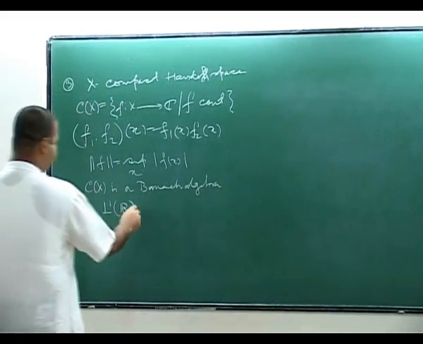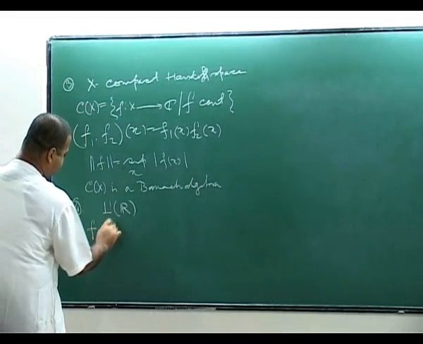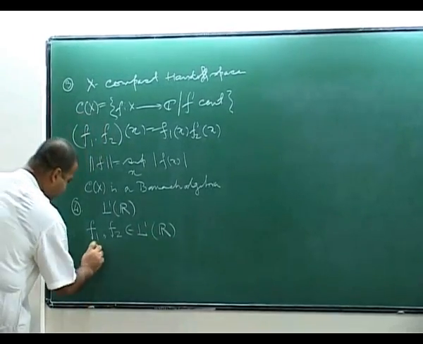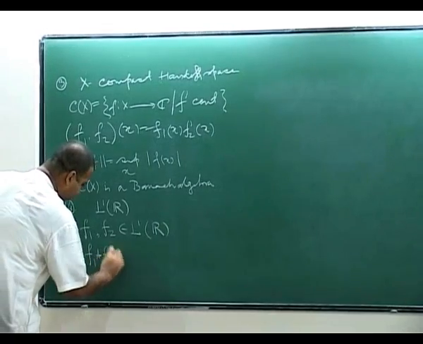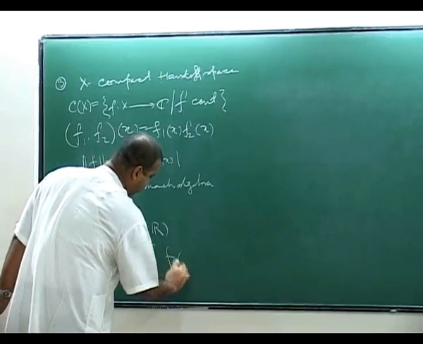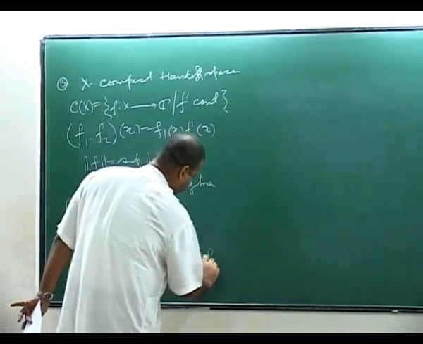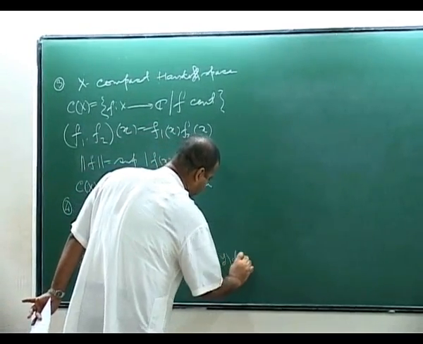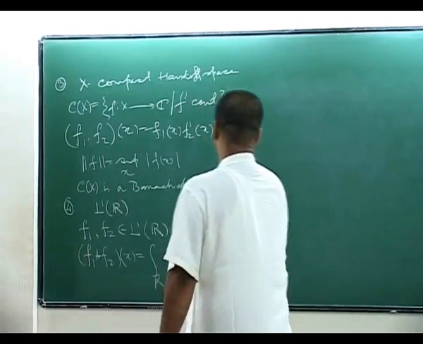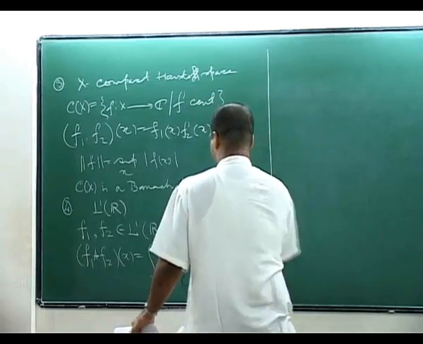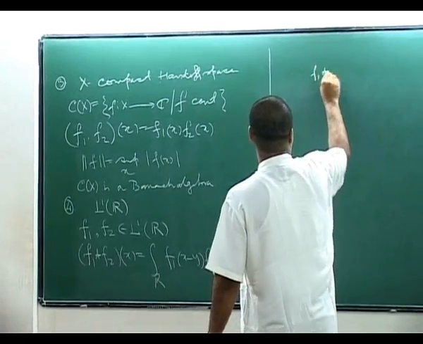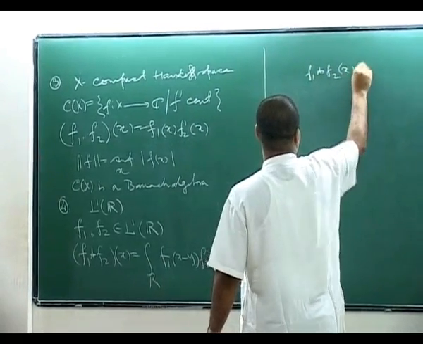So you take two functions f1 and f2 which are integrable and then define their convolution product. Then this is in L1 because, so let us try to integrate this object.